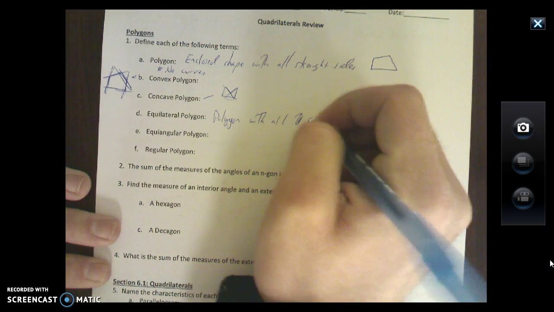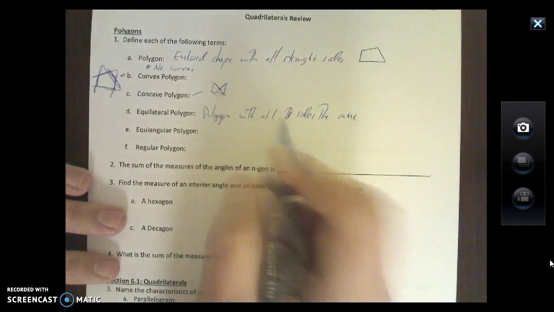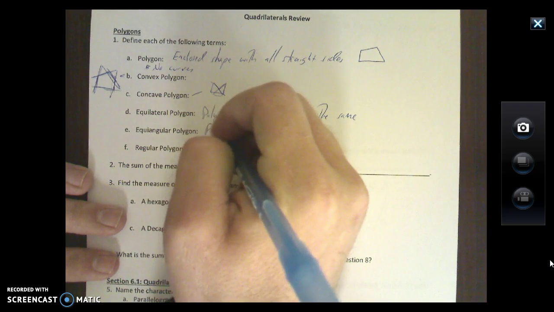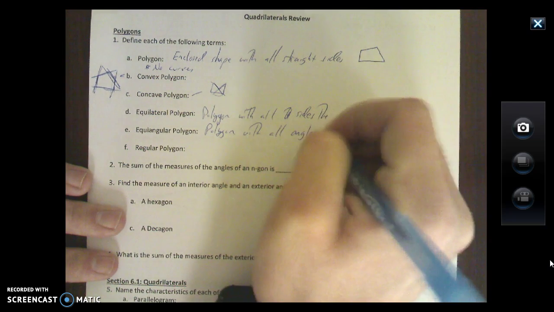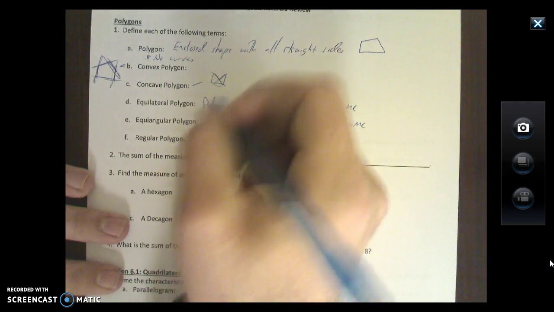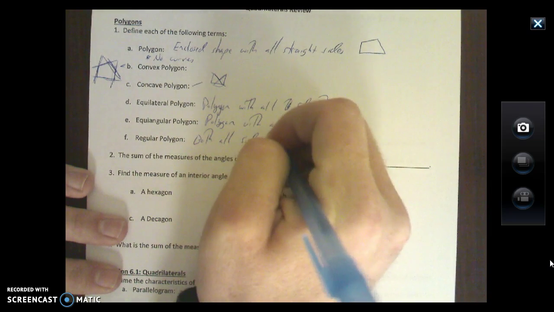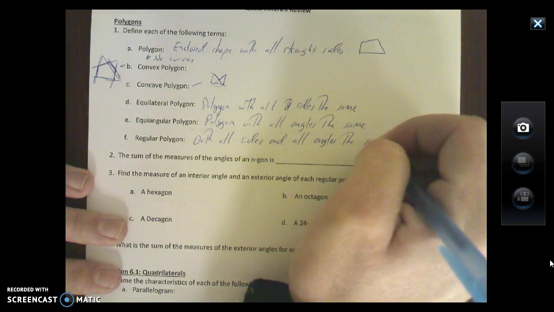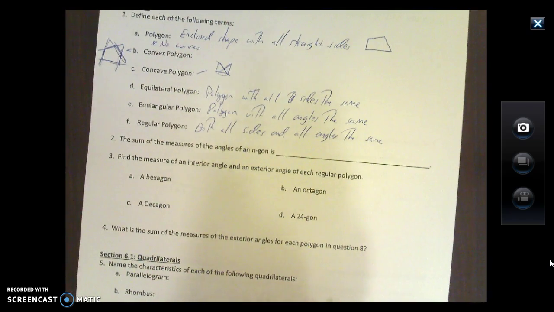Equiangular is a polygon with all angles the same. And regular is when you have both all sides and all angles the same. So just some basic vocab words you can see pop up.